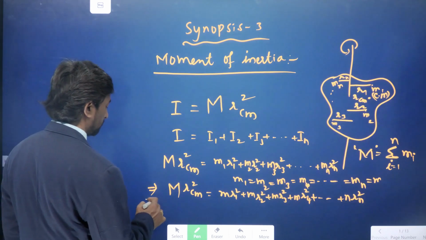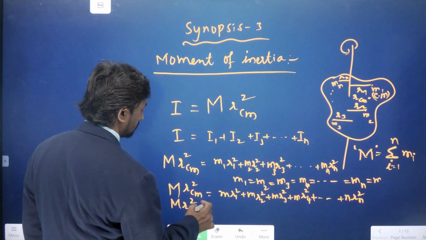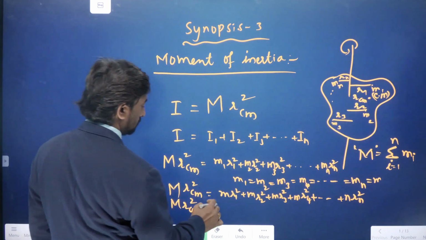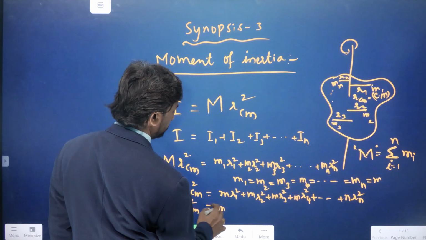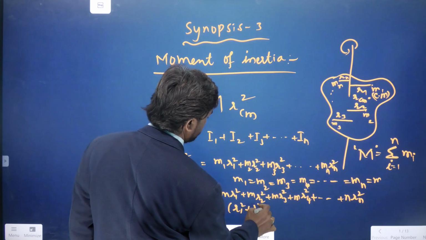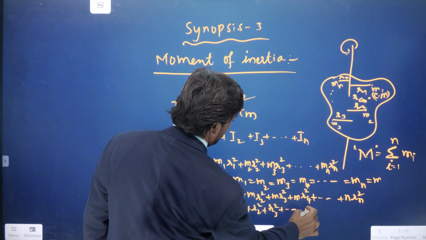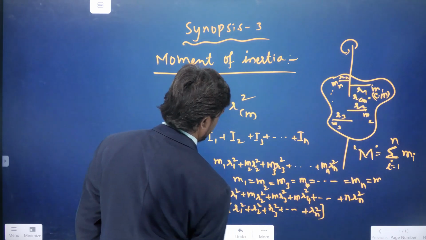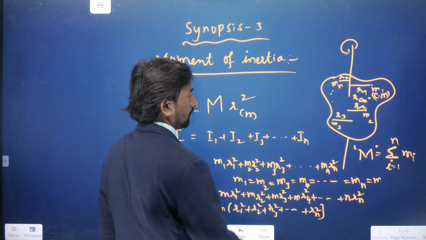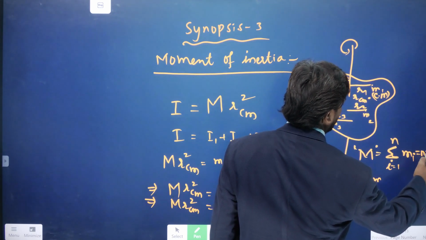Now from this, capital M into RCM square is equal to, taking m common, m into R1 square plus R2 square plus R3 square, and so on up to Rn square. Since these are all identical particles, the sum of the masses, m plus m and so on n times, becomes capital M equal to n into small m.